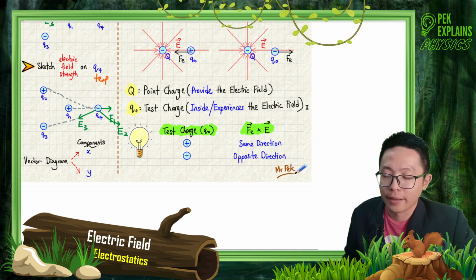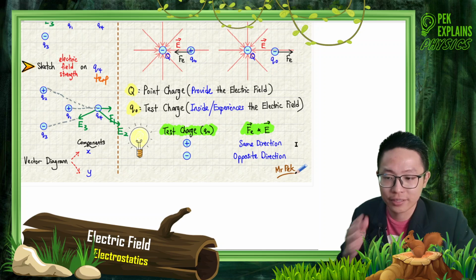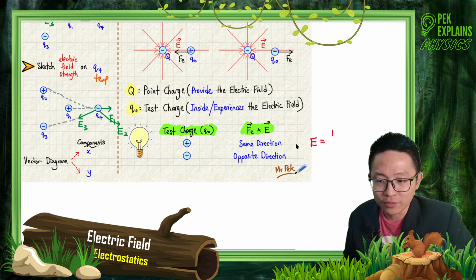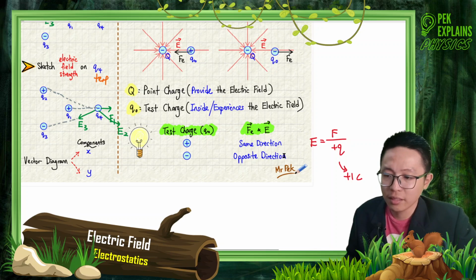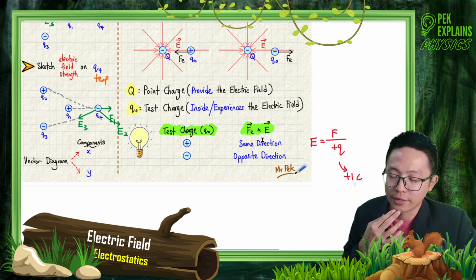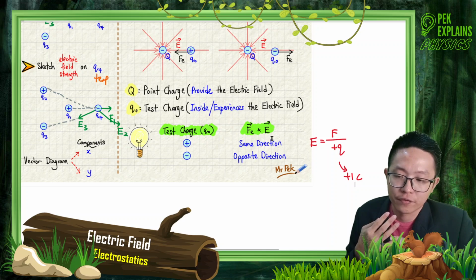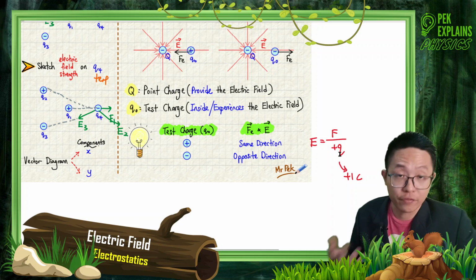So that's why, when it is a positive test charge, force and electric field are in the same direction, because the formula is using a positive test charge or positive 1 coulomb. But if it is a negative test charge, force and electric field become opposite directions because of the definition.